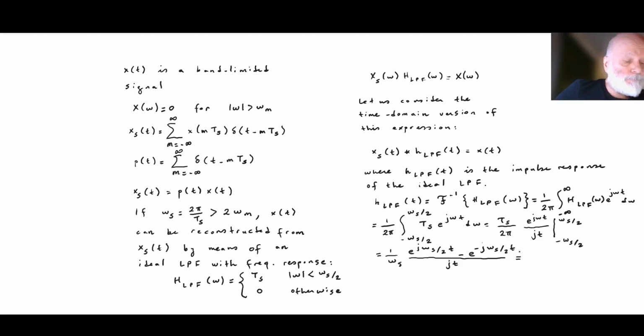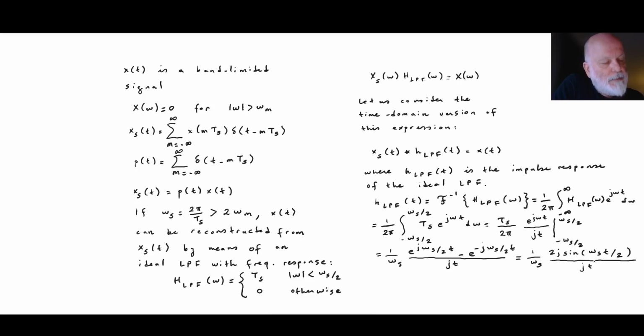So this can be written as 1 over omega s. Now the numerator can be written as 2j sine of omega s t over 2, divided by jt.